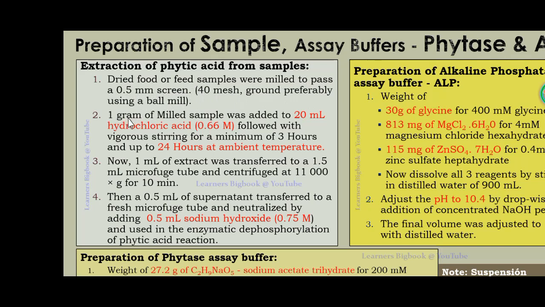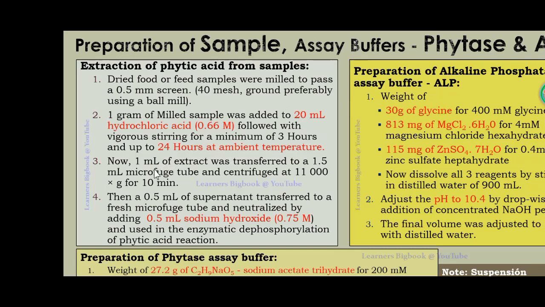After passing it through that, you should get 1 gram of the millet sample, and it has to be taken into 20 ml of hydrochloric acid, 0.66 molar, and further it has to be vigorously stirred for 3 hours and left for 24 hours at ambient temperature. So stirring should be only 3 hours, and further it has to be left for 24 hours at ambient temperature.